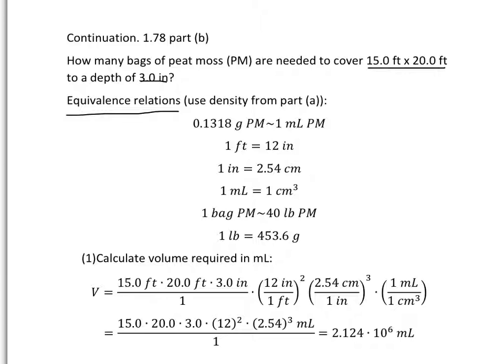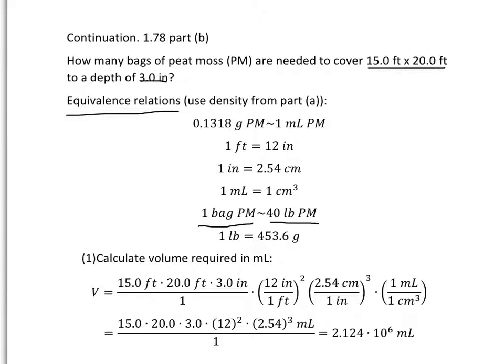And something I want to illustrate here is, looking ahead, what is my final answer that I want to find out? What I want to find out is number of bags of peat moss. And the thing I can illustrate here is I can define my own units. Specifically, I'm going to define a unit of bags. So here's 1 bag of peat moss is equivalent to 40 pounds of peat moss.